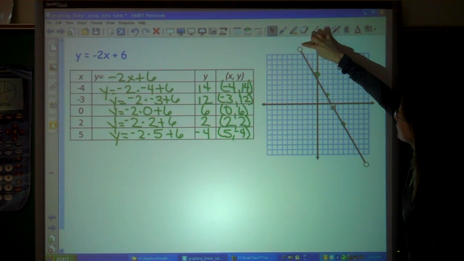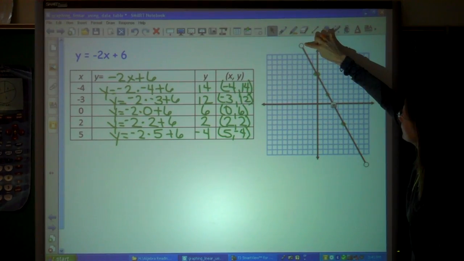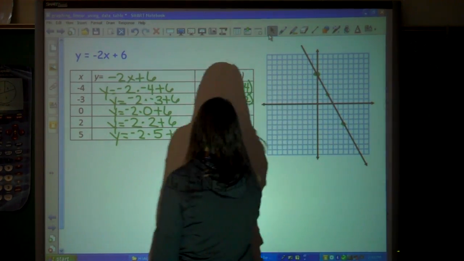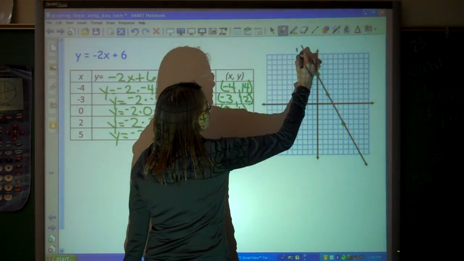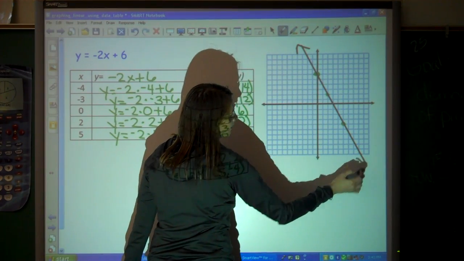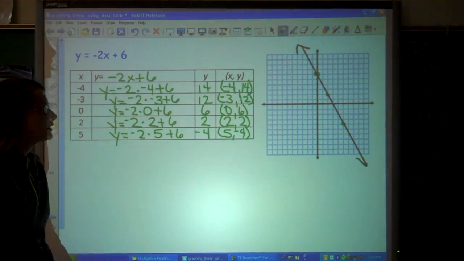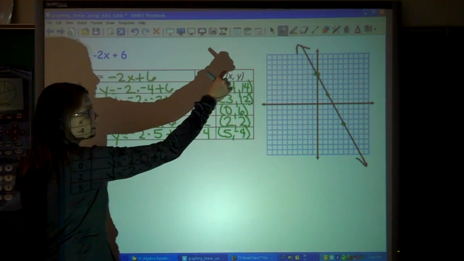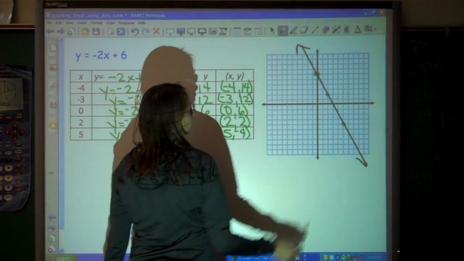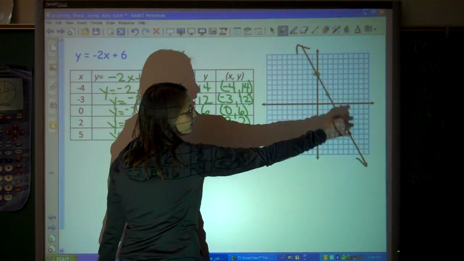And we go from one end of the graph to the other end. I'm going to put my arrow up here because this tells me that it goes on and on. So make sure you have arrows at the end of the line, letting somebody know that this line goes on and on. And again, this is a negative slope.